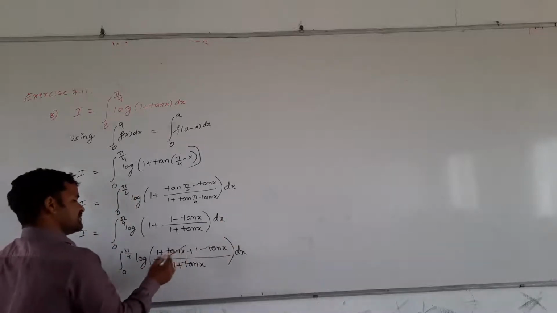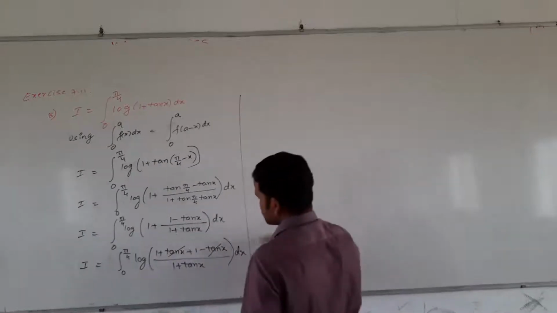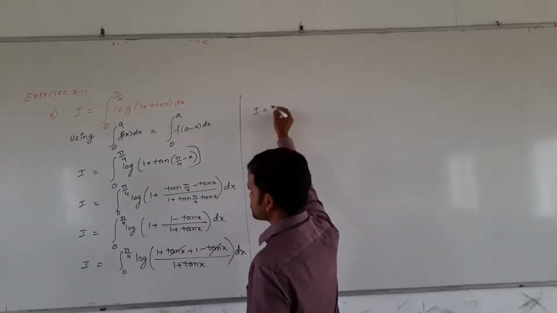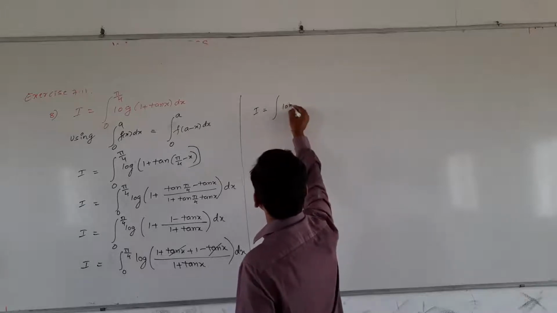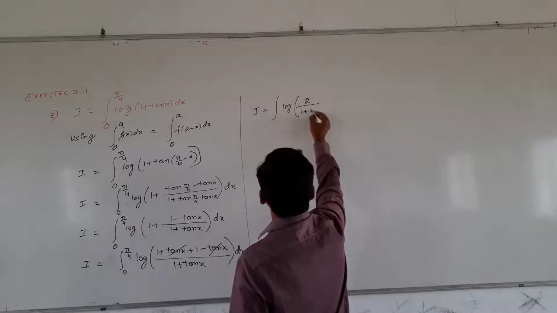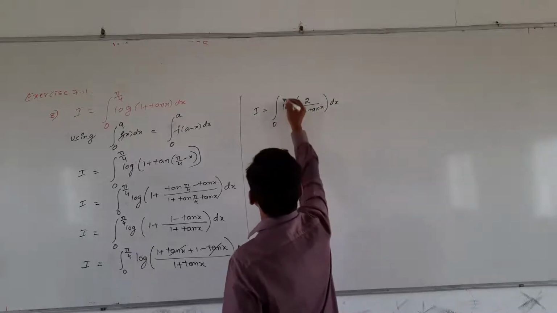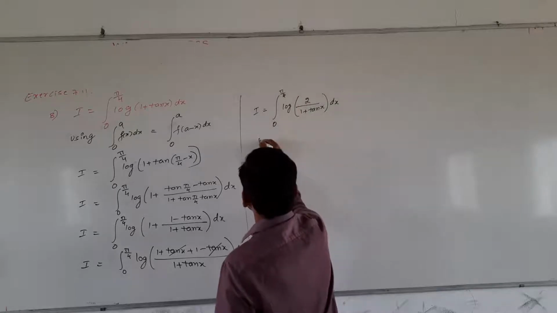Here you see plus tan x minus tan x gets cancelled. Then we have I is equal to integration of log of 1 plus 1, which is 2, by 1 plus tan x into dx from 0 to pi by 4.